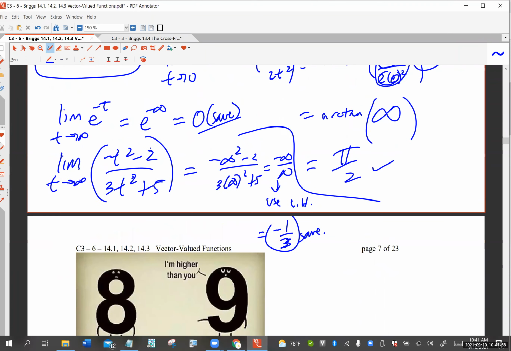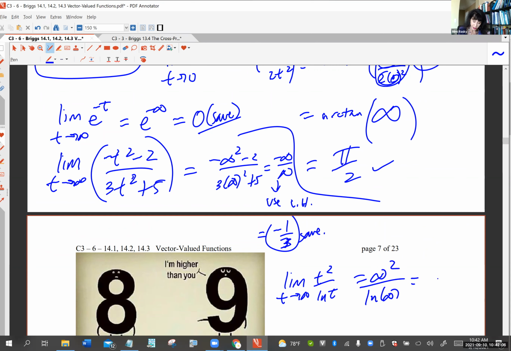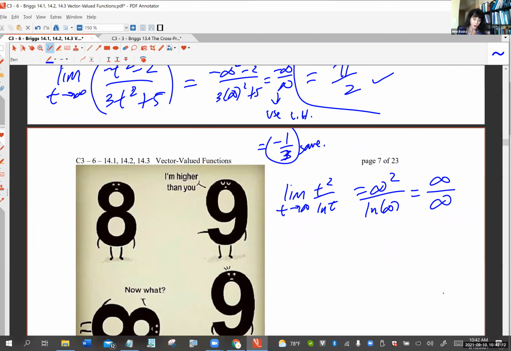Yeah. Let's look at the last component and take its limit as t goes to infinity. And now this is infinity squared all over ln infinity, which is basically infinity over infinity. And you can use L'Hopital's, that will work, but let's use growth rates. Growth rates say what? Who goes to infinity faster?